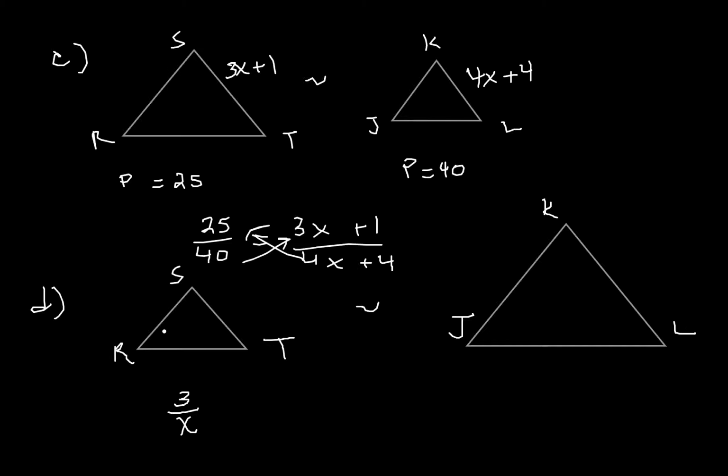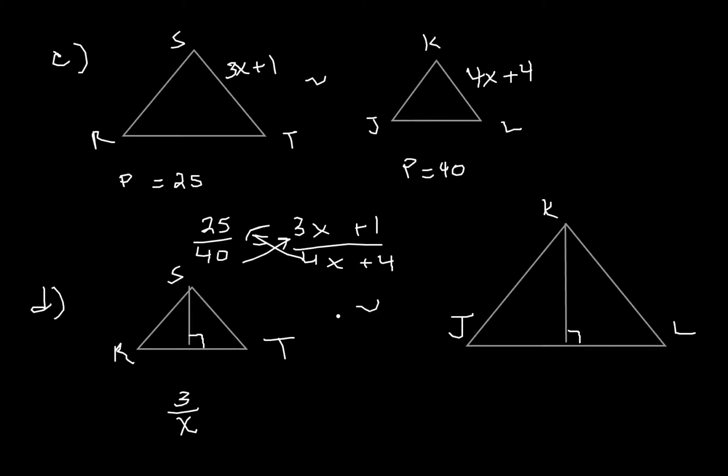SU is x minus 4. SU is the altitude. So SU, it's this guy. Altitude means it's going to form a right angle with the opposite side, but it doesn't necessarily divide it into 2 equal parts. The median divides it into 2 equal parts, but is not necessarily perpendicular.